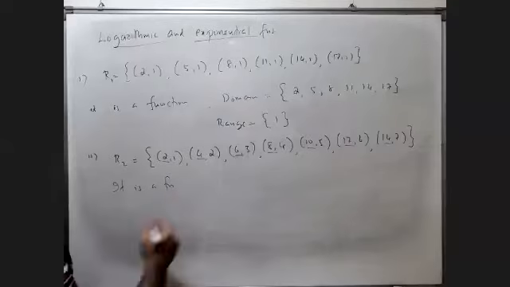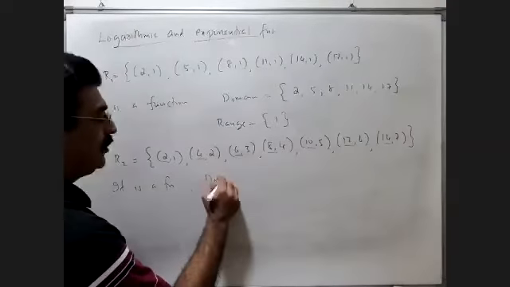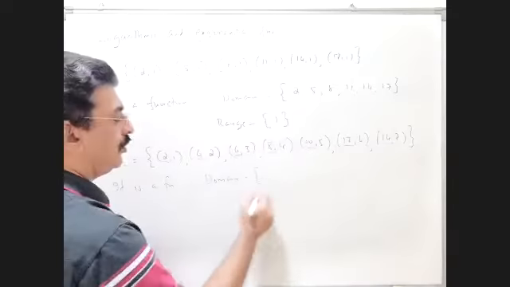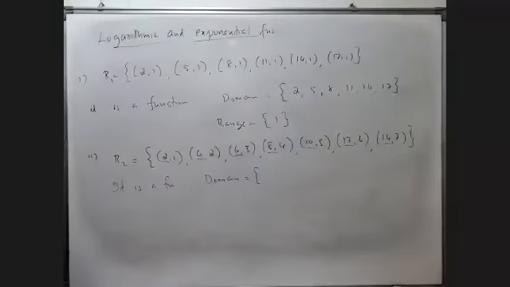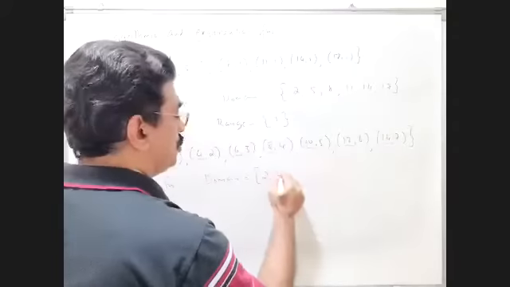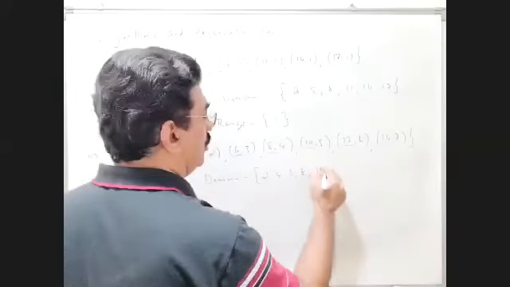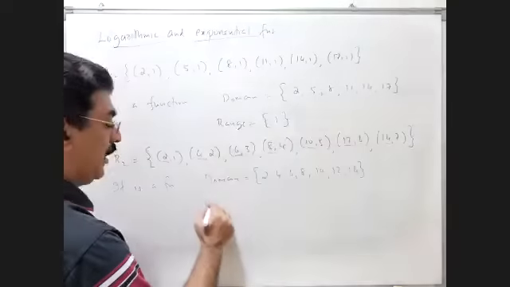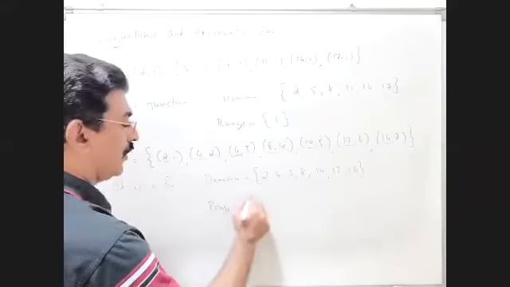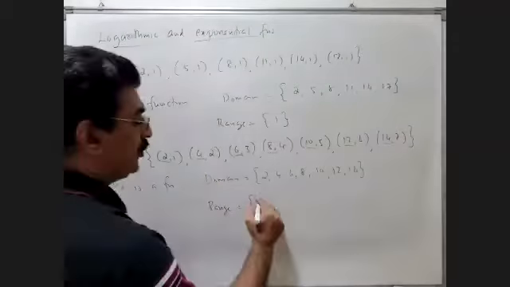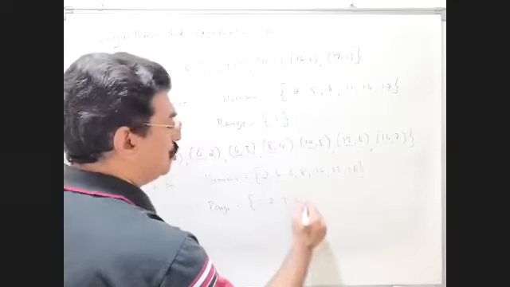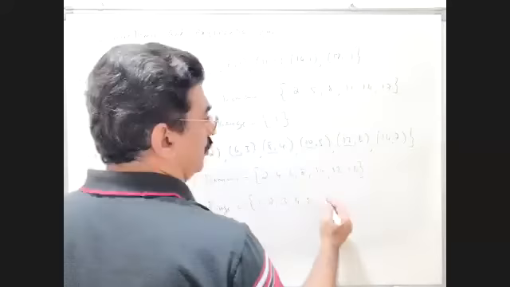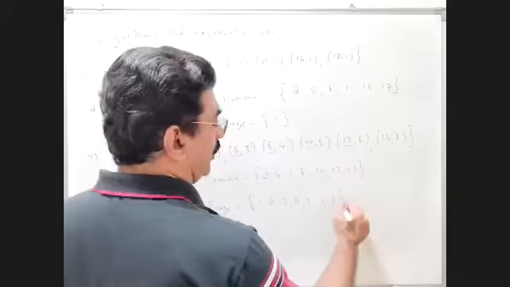And what is the domain? I underline the set of x values, which is 2, 4, 6, 8, 10, 12, 14, and the range is the set of y values, which is 1, 2, 3, 4, 5, 6, 7.